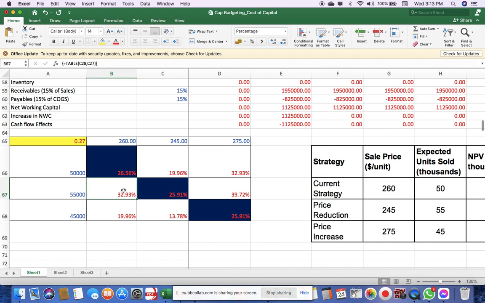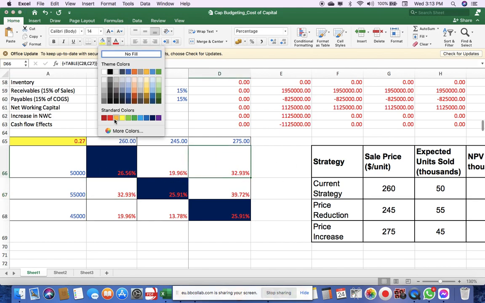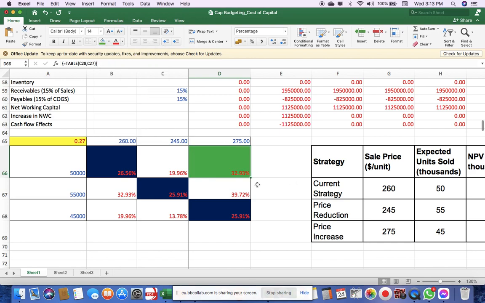With different scenarios, if your price is 260 per unit and 55,000 units sold, your IRR will be around 33%, the highest. So you can give your management two kinds of options. What are the two options here? Either you can make this an option, or this an option.